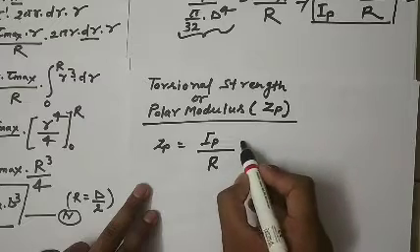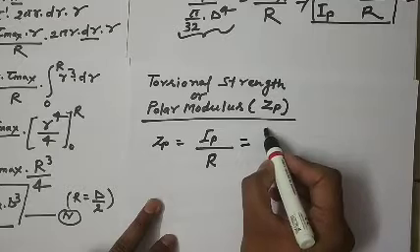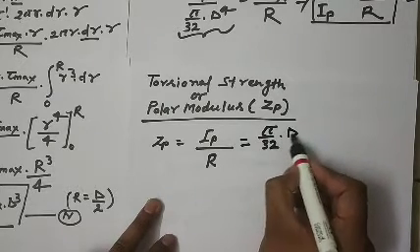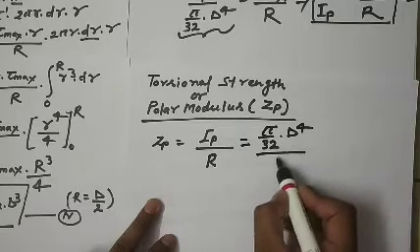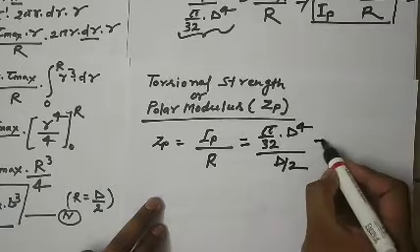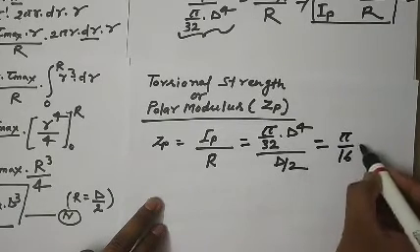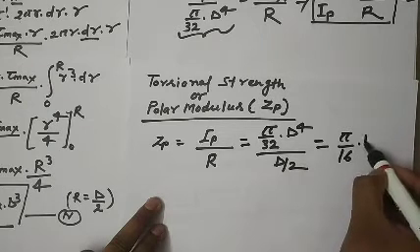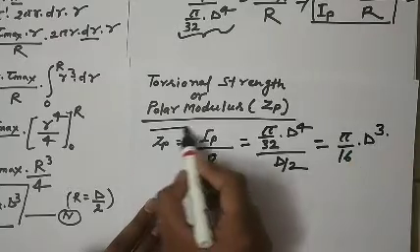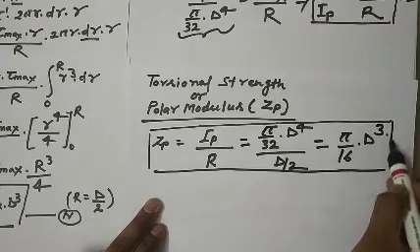For a circular section, because in the syllabus there is a circular section of the shaft, IP will be equal to pi by 32 d to the power 4, and R will be equal to d by 2, so ZP is equal to pi by 16 d cube.